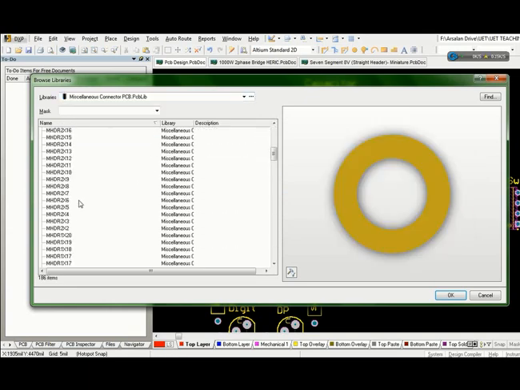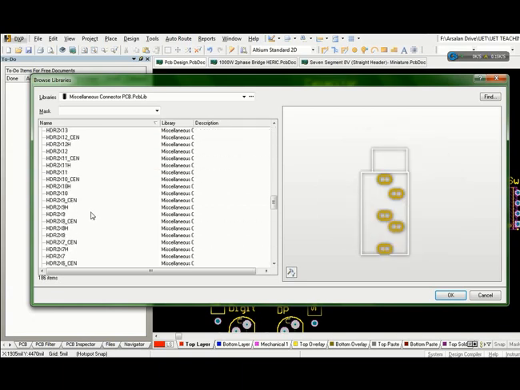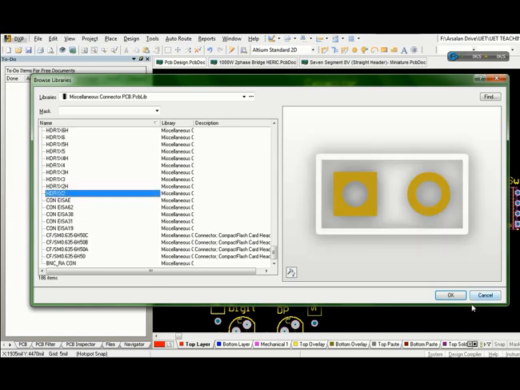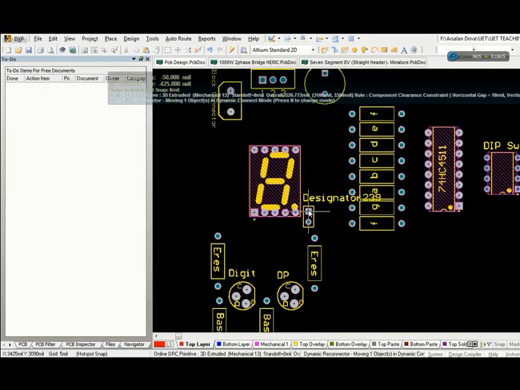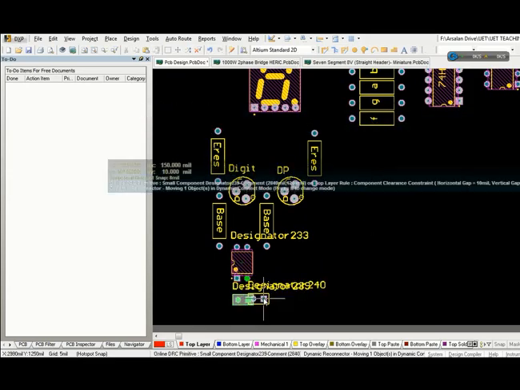One very important thing: the miscellaneous connector PCB library is where you get the male headers. You can see this is the 2-pin male header which I am selecting at present, since a 2-pin male header is required at this point.